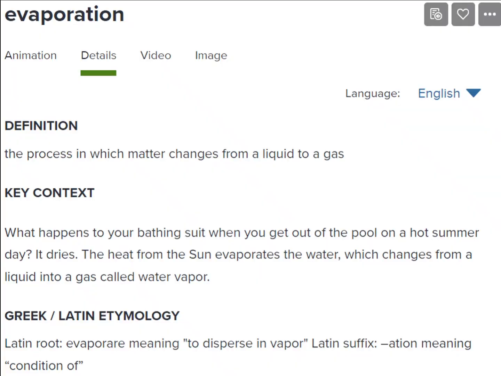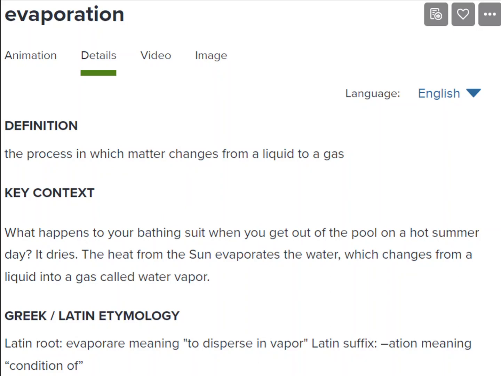Some more definitions. Evaporation. Now, I know that you've all used the word evaporation before, and you know what it means. However, can we articulate it specifically and scientifically? So, evaporation is the process in which matter changes from a liquid to a gas. And so we know that that applies to water, but do we also understand that it can, and in certain circumstances does, apply to other elements?